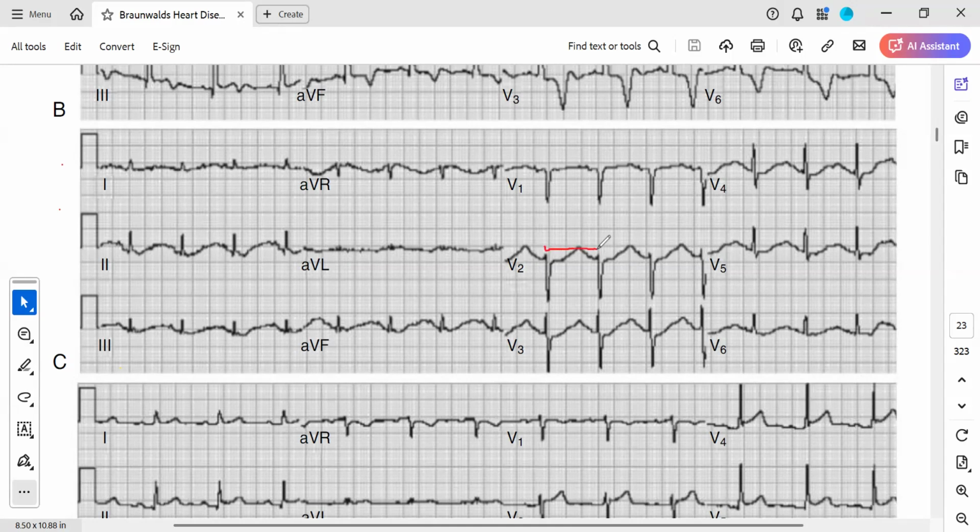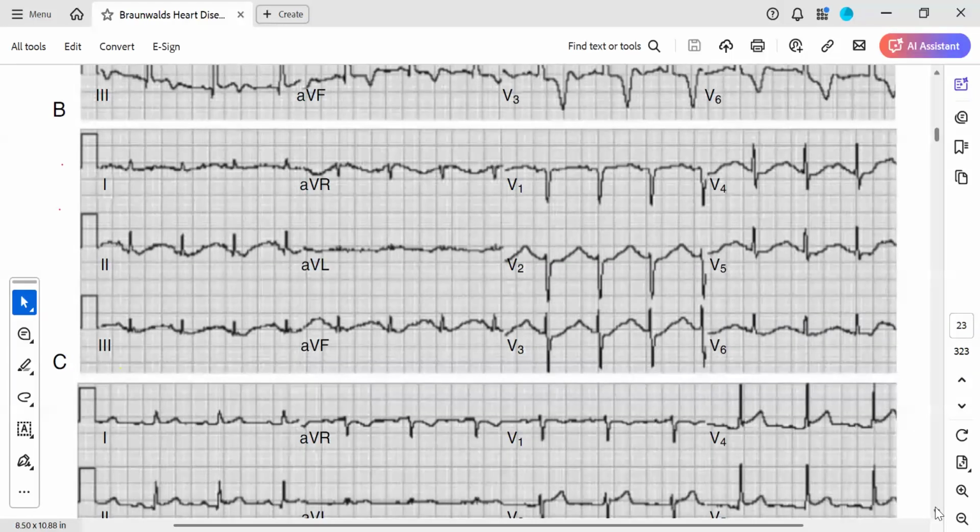So just by looking at it, you realize that the QT is prolonged. But if you go ahead to use the Bazett formula to calculate your QTc, then you realize that it's also prolonged. The T waves also seem to be a bit diminished. They are not as prominent as they are in regular ECGs. So those are the four ECGs we've been presented with.